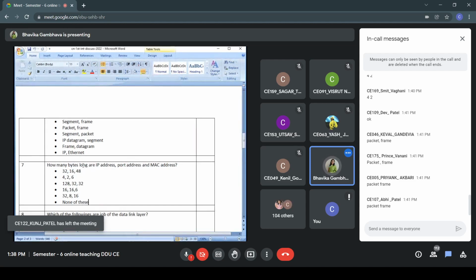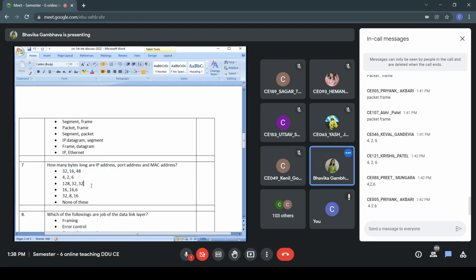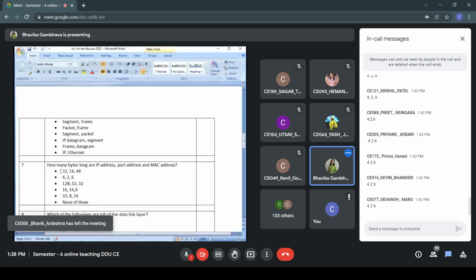How many bytes long are the IP address, port address and MAC address? You already know how long these addresses are, but it was mentioned how many bytes long they are. So the correct answer would be 4, 2 and 6. Many of you have written 32, 16 and 48. That would be correct if it was how many bits are there.